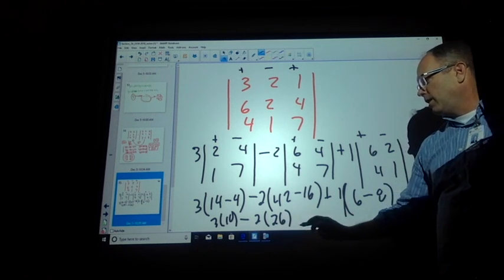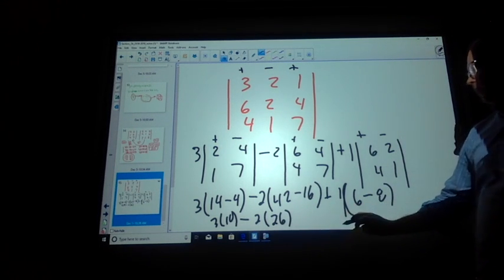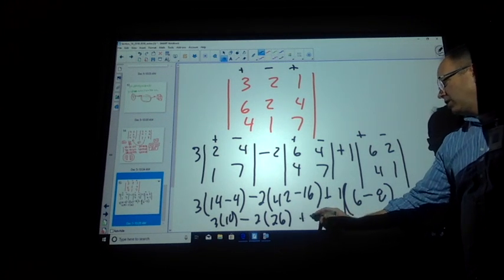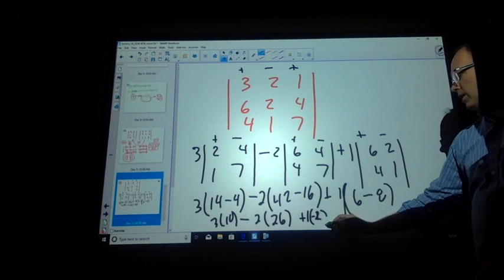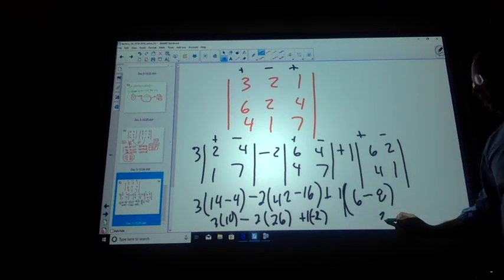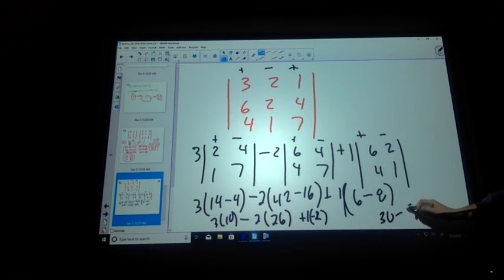Did I do that math right? I think I did it right. And then plus 1 times negative 2. And then the arithmetic takes place, I get 30 minus 52 minus 2. So I get 30 minus 54. So the value of this matrix is negative 24 if I did my arithmetic right.